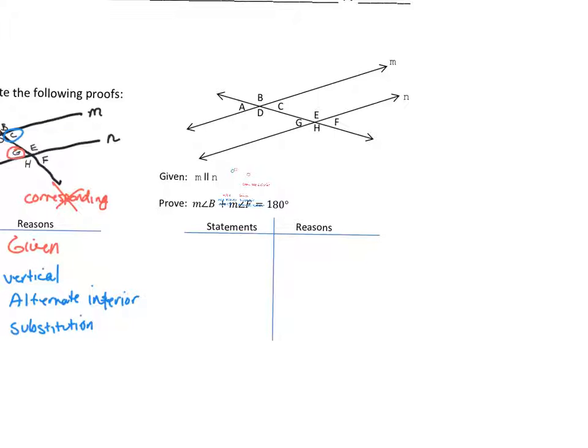So therefore, measure of angle B plus measure of angle F equals 180 degrees by substitution. That I'm subbing out the A for the F. And there I have it.